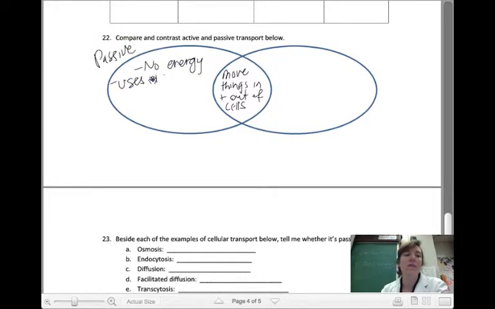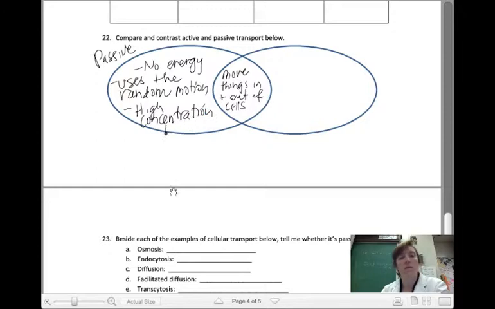Uses the random motion of molecules. So because molecules move and bump around on their own, things like to go from areas where they are high in concentration to where they are low in concentration. So we're going down the slide here in passive.